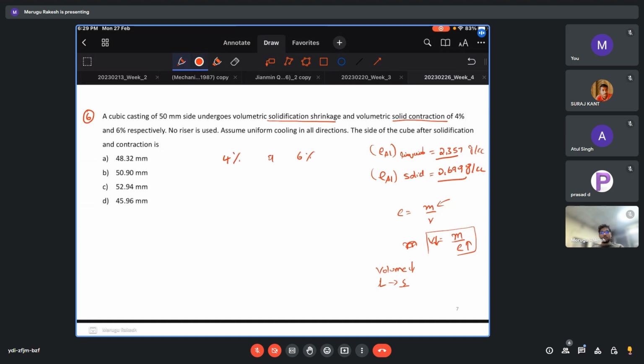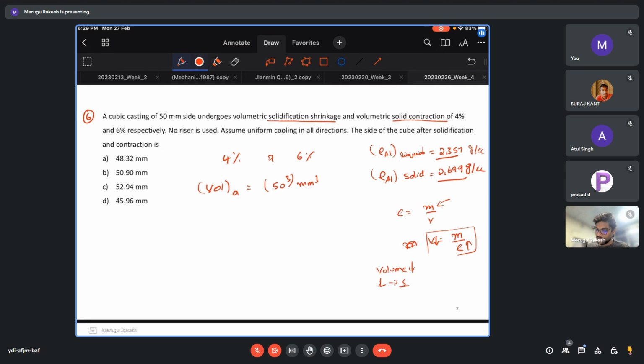Since it is a cube casting, it is very easy. We know the volume, the actual volume is 50 mm cube, 50 into 50 into 50. I wrote 50 cube. Okay.